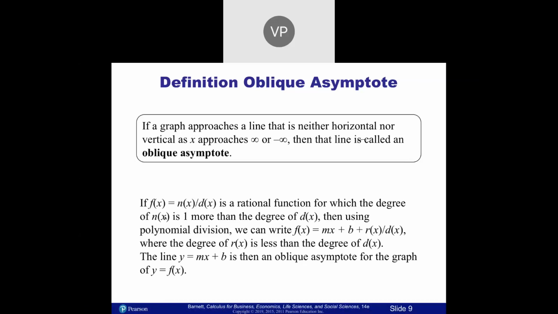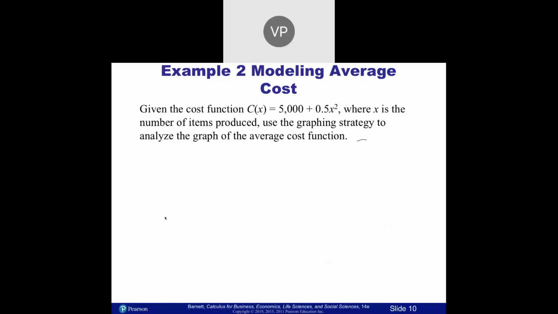Okay. All right, so now we have our modeling average costs. We have our function, C(x) equals 5,000 plus 0.5x squared. x is the number of items produced, and they want you to use the graphing strategy to analyze the graph of the average cost function. So remember what the average cost is.